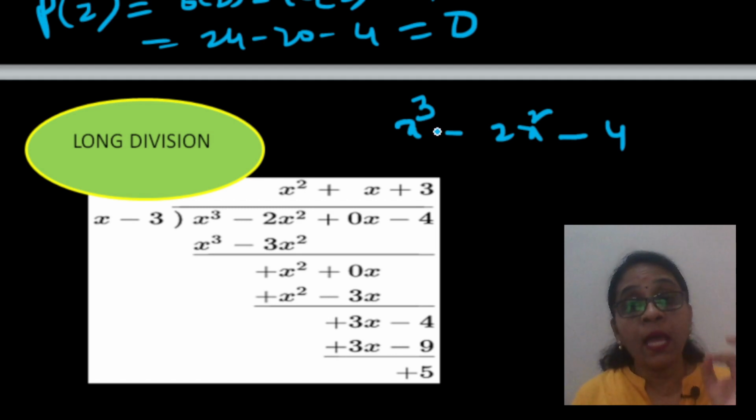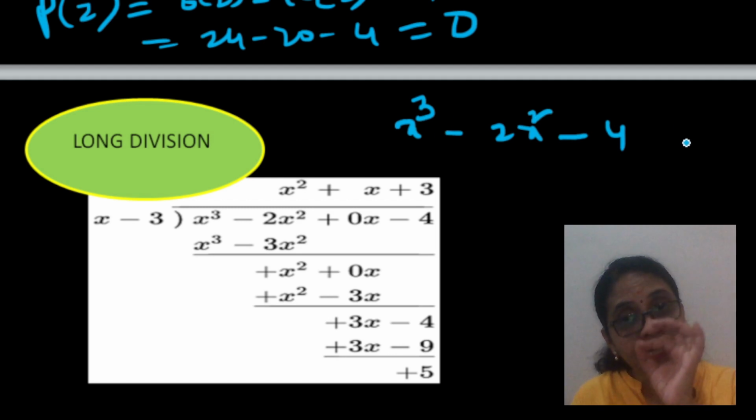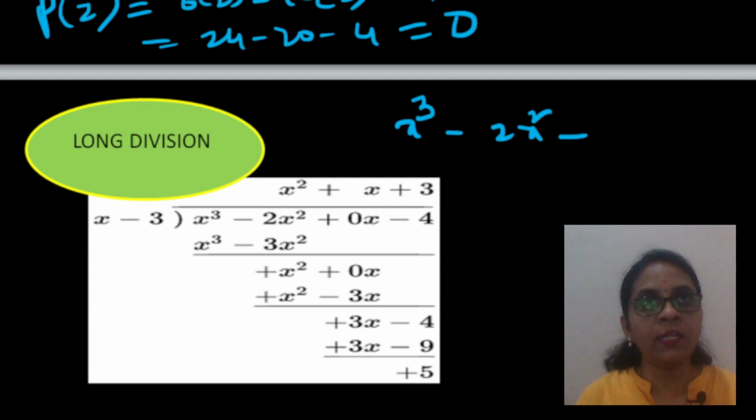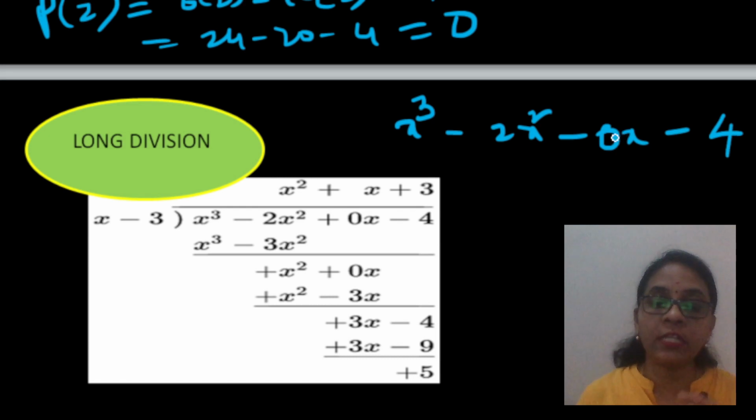Now remember, I told you that the polynomials have to be written in decreasing order. So now this x term is missing, so we replace it so that you don't make any mistake. The examiner is not interested in you writing the 0x as long as you do it correctly, but if we miss it, we may lose a mark. So it's better to always fill in a missing term with 0.